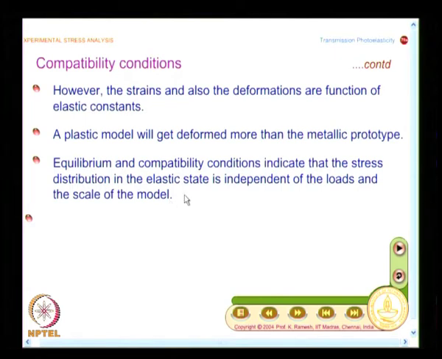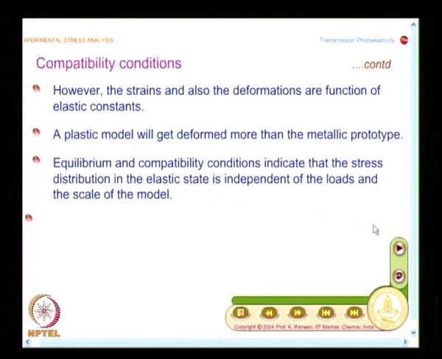So, I do not have to feel sorry that I could do it only in plastic and then compare it with the metal. You are doing it on plastic and the results are equally valid as far as stress and its distribution is concerned. The same is not true for displacement and strain, they are dictated by elastic constants. This subtle difference you should understand very clearly.